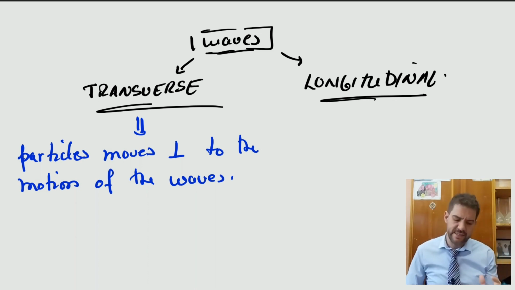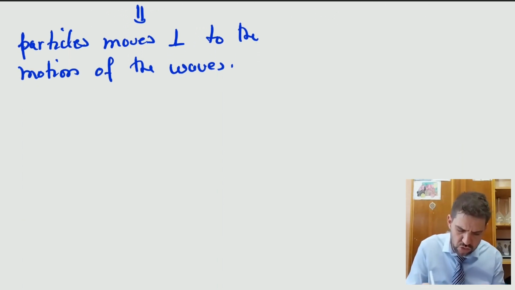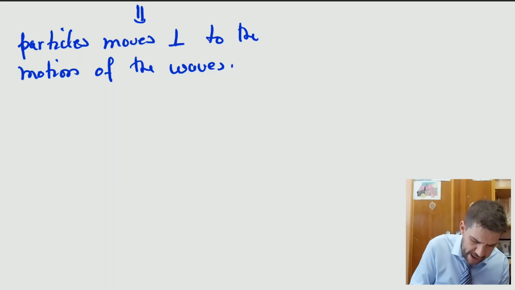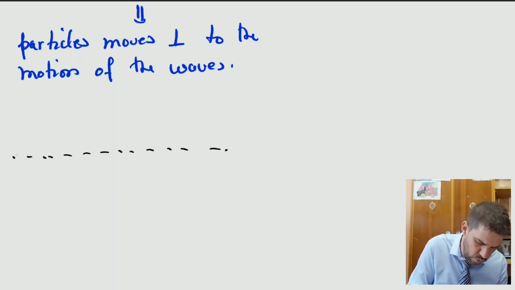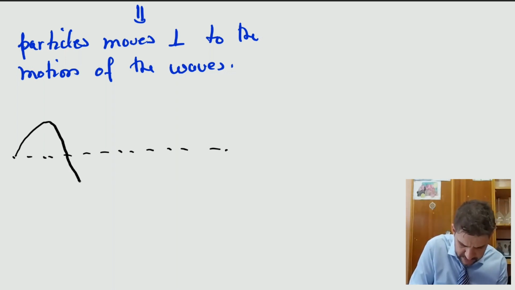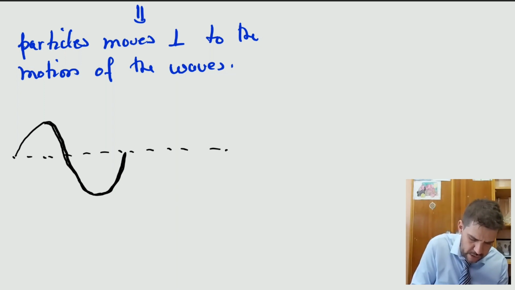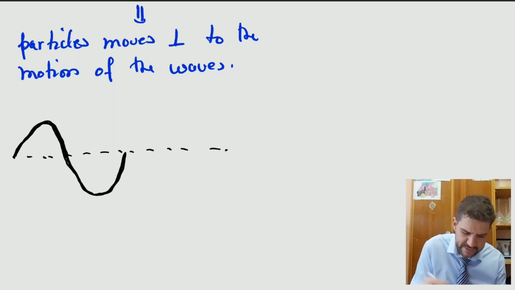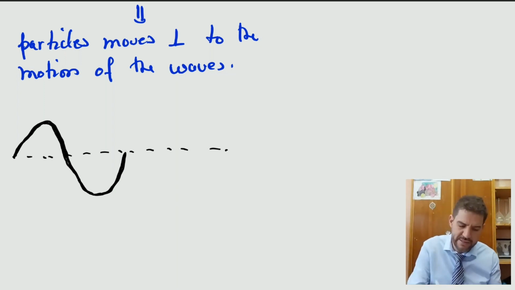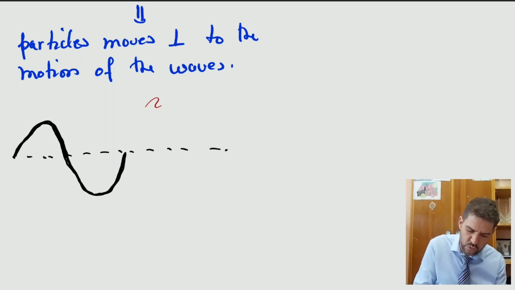That is when a wave is transverse. So let's have a look at a drawing of a transverse wave. For instance, we make a dotted line here, and then we have such a pattern, which is a sine or cosine drawing. This one is a pattern of a wave. This one is a transverse wave, as we just said.